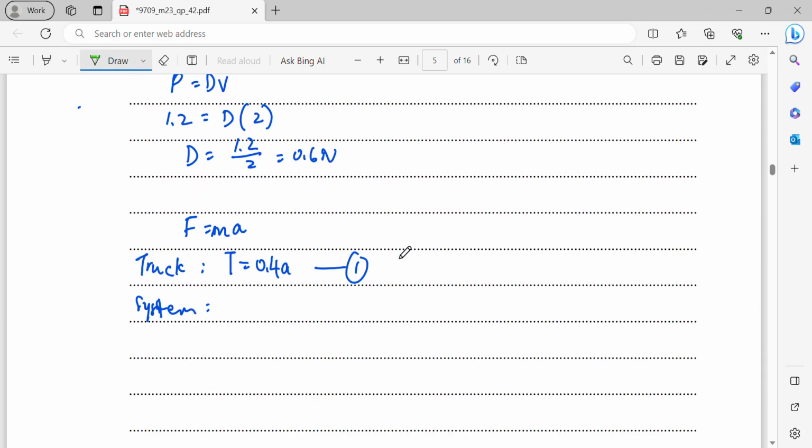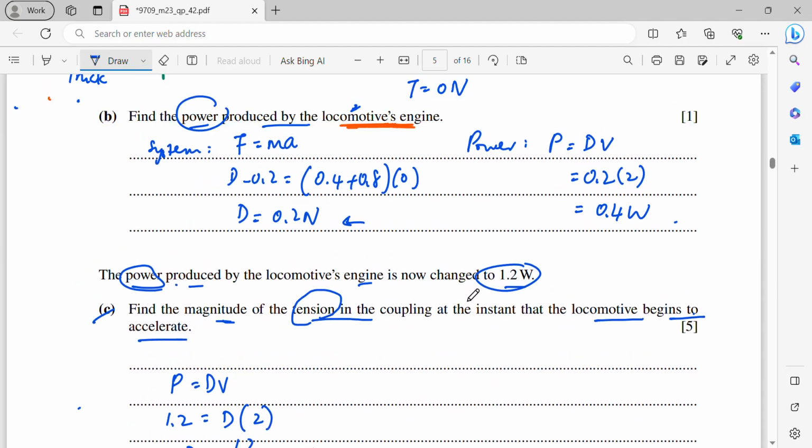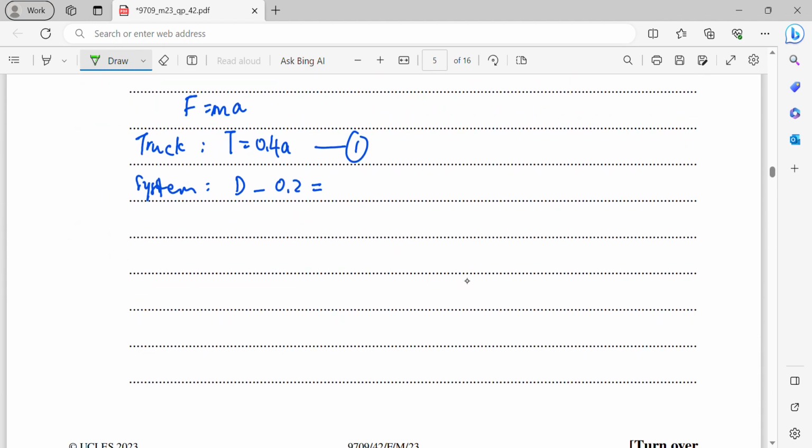So my F here will be D minus 0.2, the driving force minus the resistance force, equals to, for the system, the total mass 1.2, so 1.2 A.